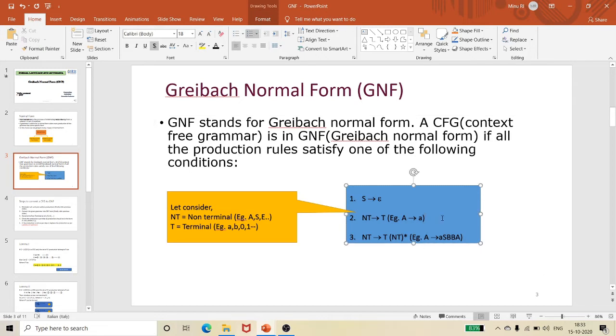A grammar is said to be in GNF if it has this particular format: a non-terminal gives a terminal, something like capital A gives small a, or a non-terminal gives a terminal followed by any number of non-terminals. I have used a closure notation, which means it can have a non-terminal, or without that, it can have any number of non-terminals. If a grammar is in this format, it is said to be in GNF. If not, we have to convert that grammar into GNF.